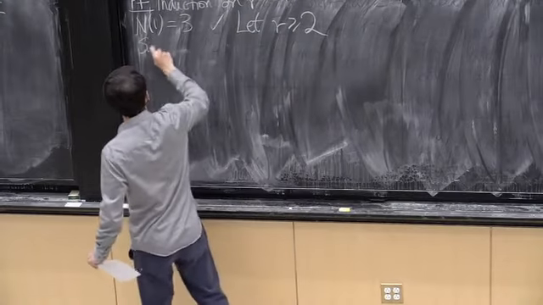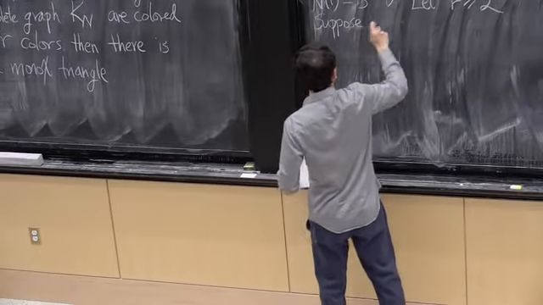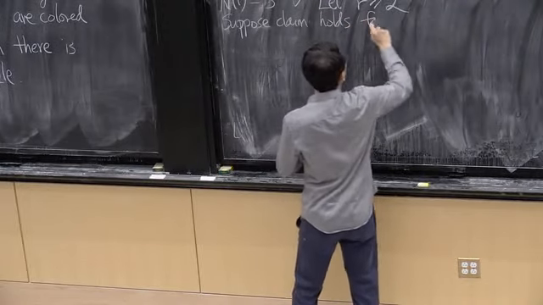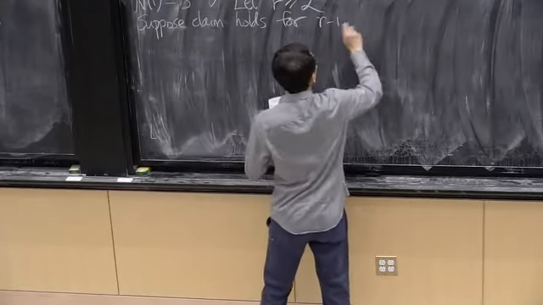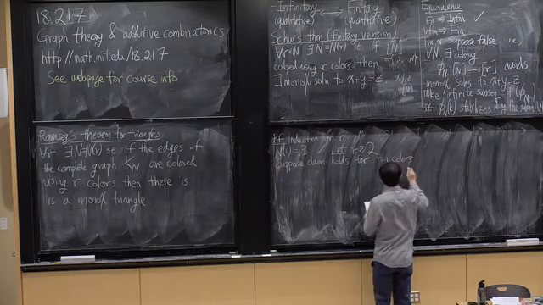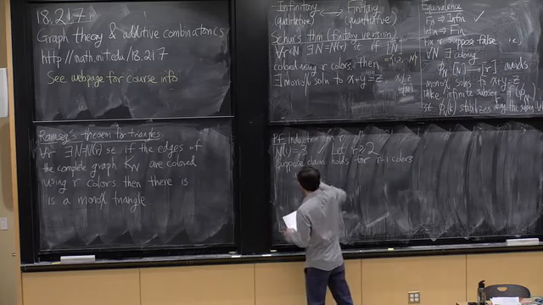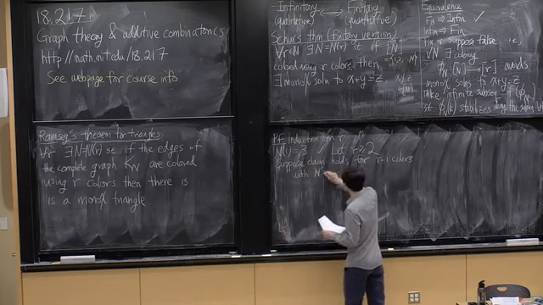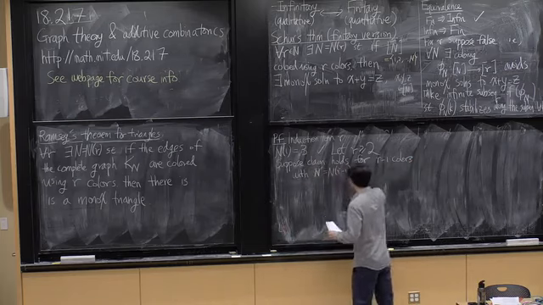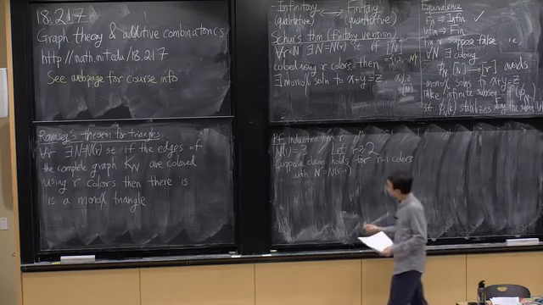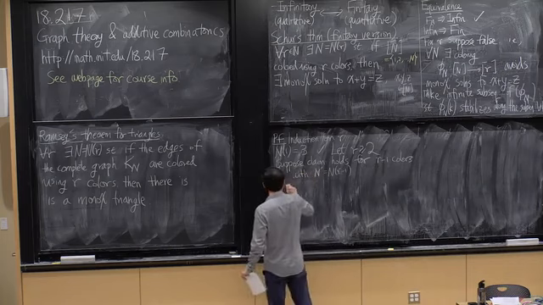And suppose the claim holds for R minus 1 colors, with M prime being the corresponding number of vertices with R minus 1 colors. So now let me pick an arbitrary vertex.